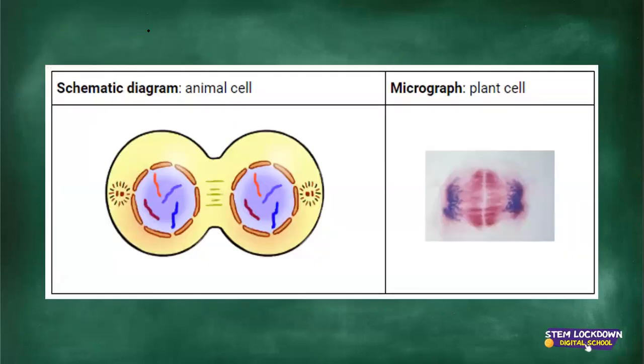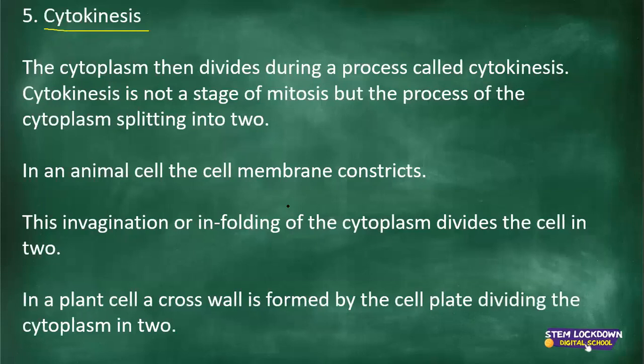into two. So during telophase, the two cells haven't really formed yet. The nuclear membrane is still trying to reform. But now the cytoplasm will be splitting into two.